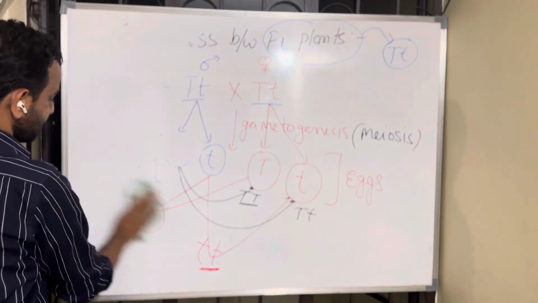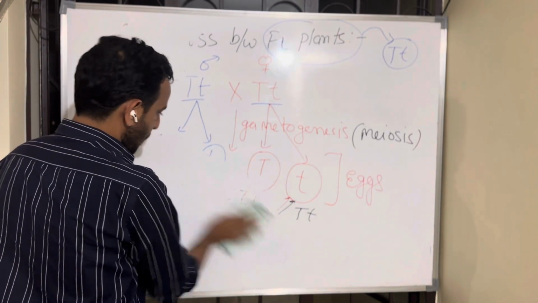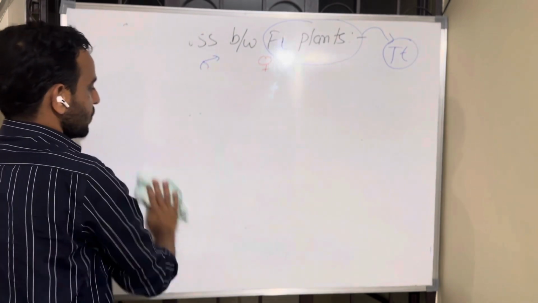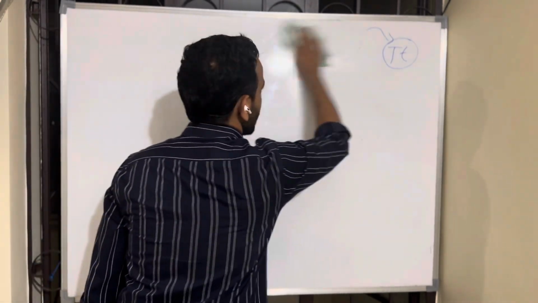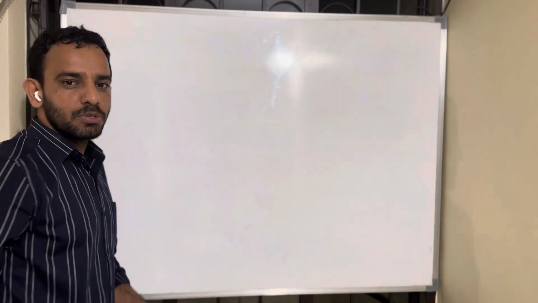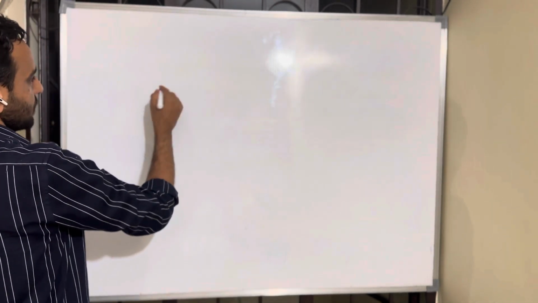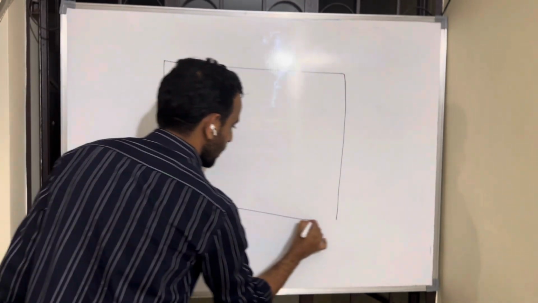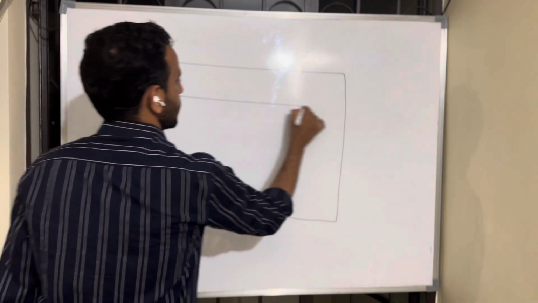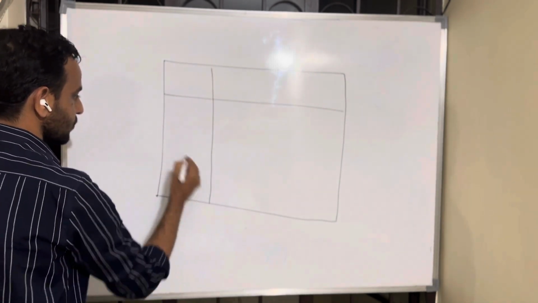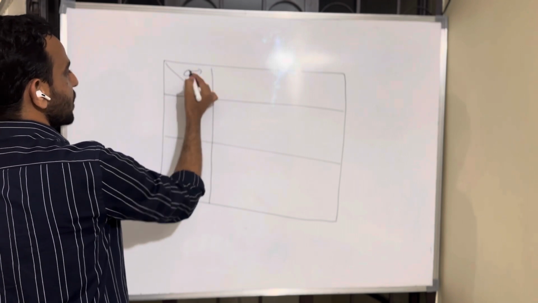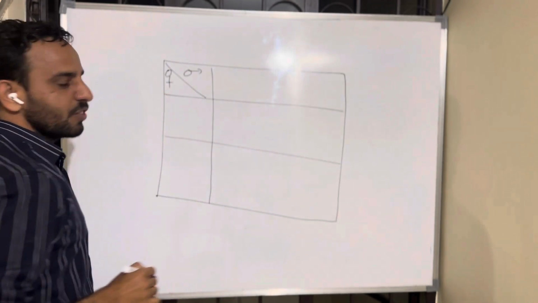So what did Punnett do? See it. Two types of male gametes and two types of female gametes are produced. In a Punnett square, towards this side we write the male gamete, and towards this side we write the female gamete.